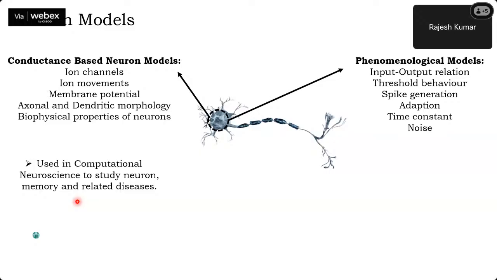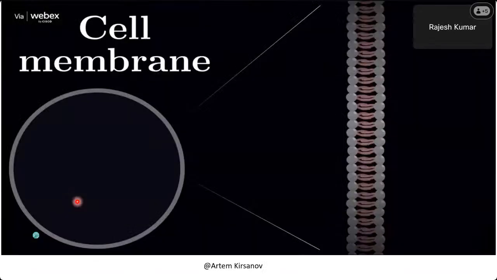The conductance based approach is normally very popular in computational neuroscience to study neurons, memory, and related diseases, whereas the phenomenological part is more popular toward deep learning, improving the plausibility and efficiency of these models. Okay, so I've taken a few slides and you can check them.